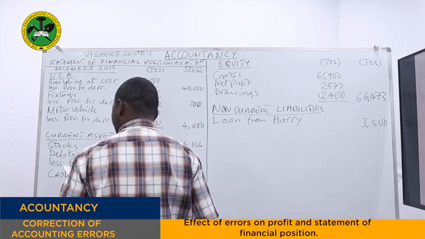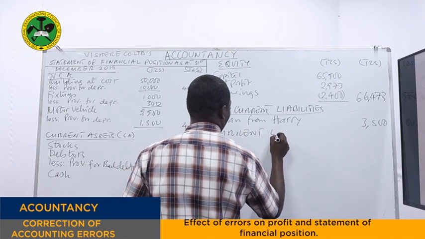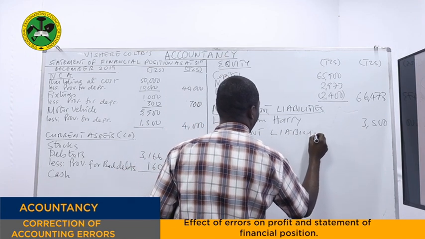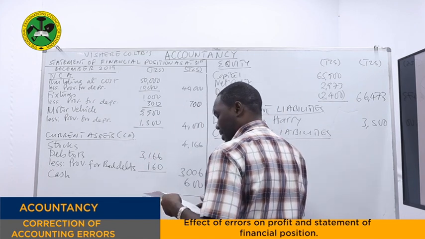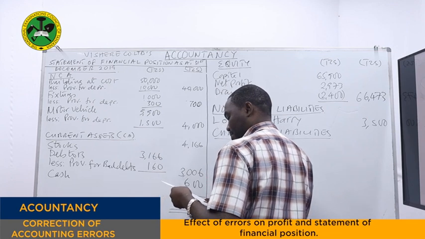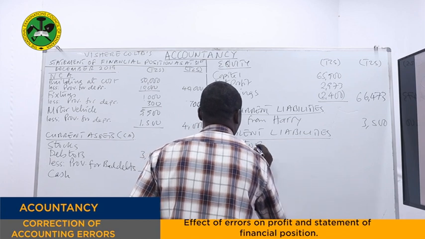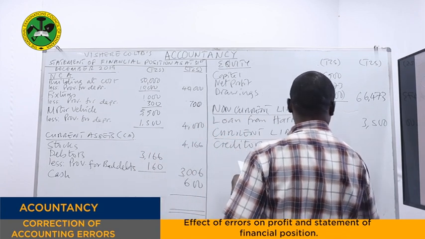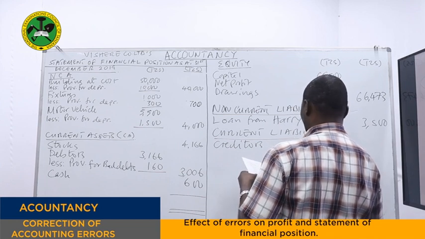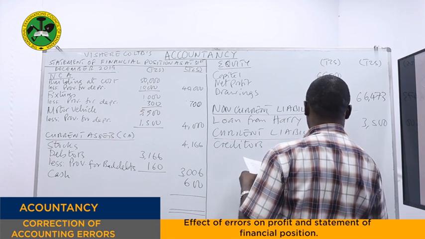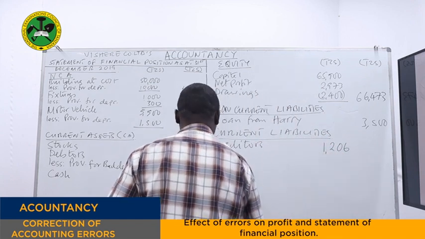Then we have current liabilities. With current liabilities, we have creditors. Yes, creditors. Creditors is 1,206. We have bank overdraft.